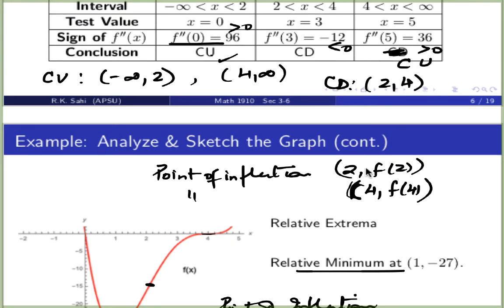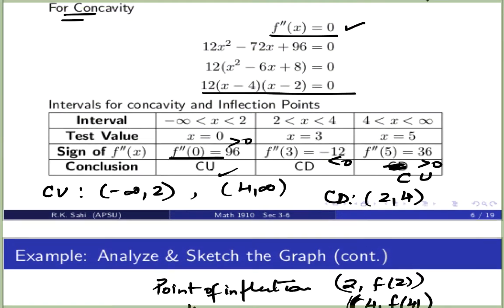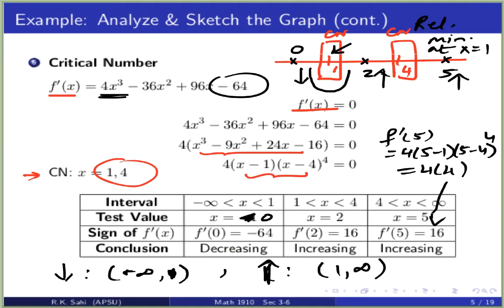Okay. We can easily figure out what the points of inflection are. So let's look at f of 2. What was our function? Here's our original function.